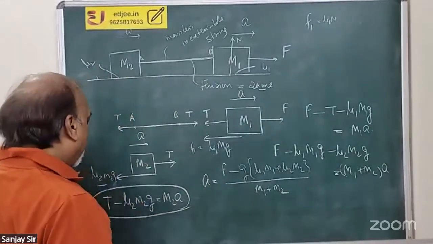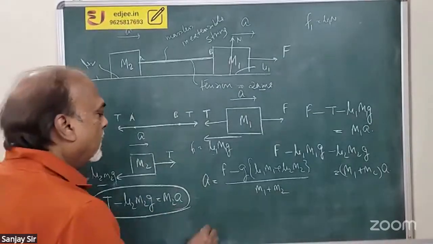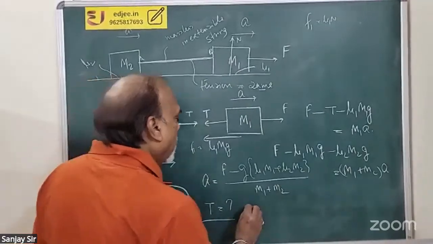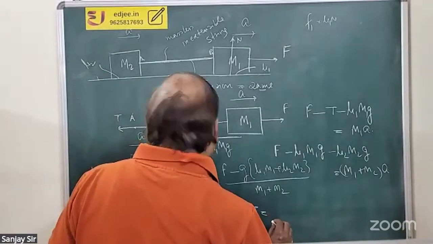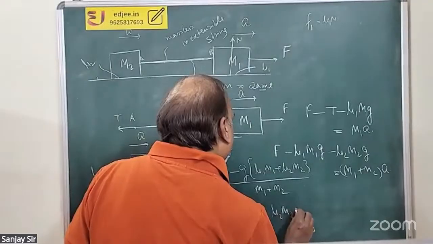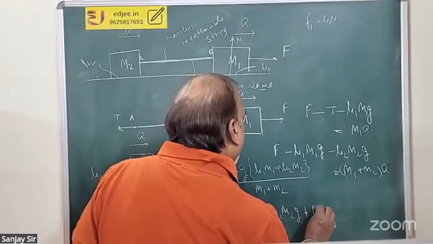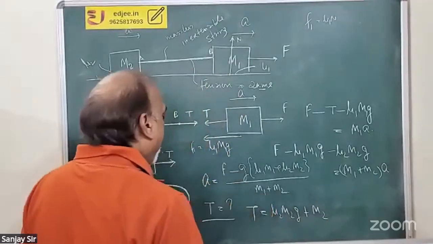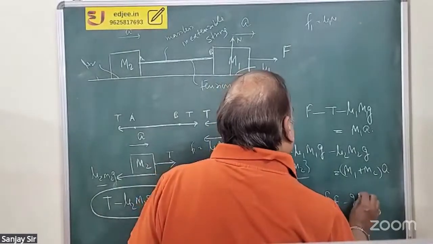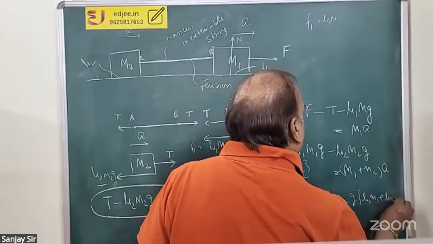You know A, you can find out, if you put here, you can find out tension. Tension is nothing but, you can say mu2 m2 g plus m2 A, where A is basically F minus g mu1 m1 plus mu2 m2.